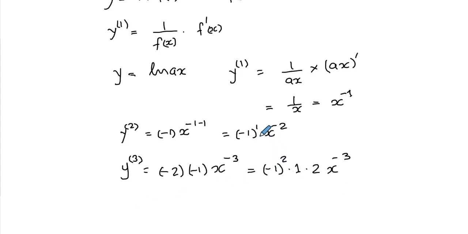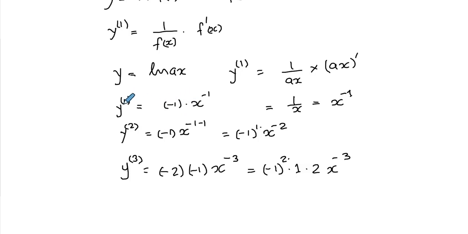In terms of powers, let's start with the differential coefficient of order 1, whereby we've got minus 1 times x to the power minus 1. If you check from these two, this power here and this power there is 1 less than the order of the derivative. And here it's 1 less than 2.